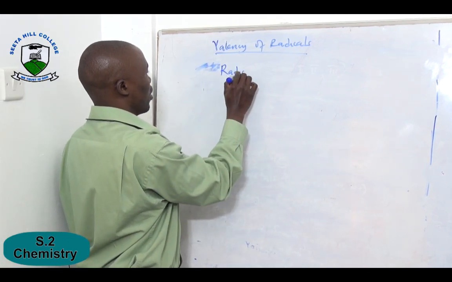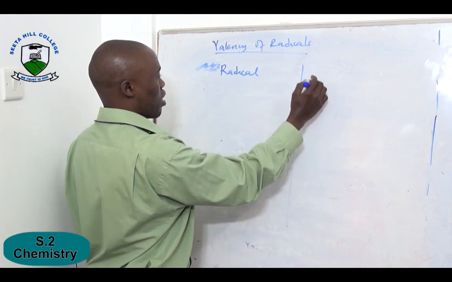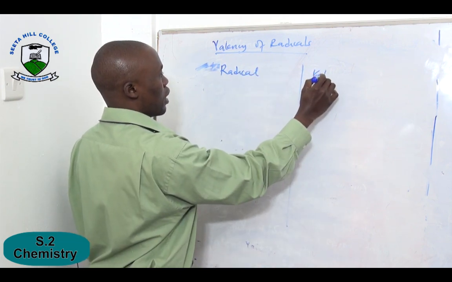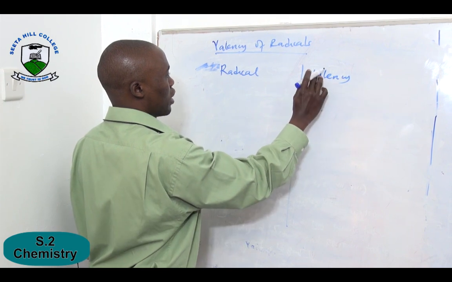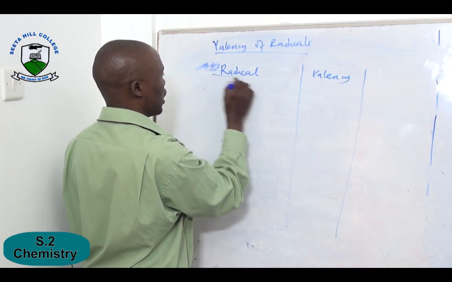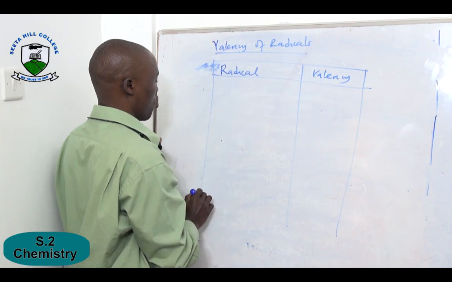Okay. Then let us give some radicals with their valences here to assist us in writing chemical formulae.